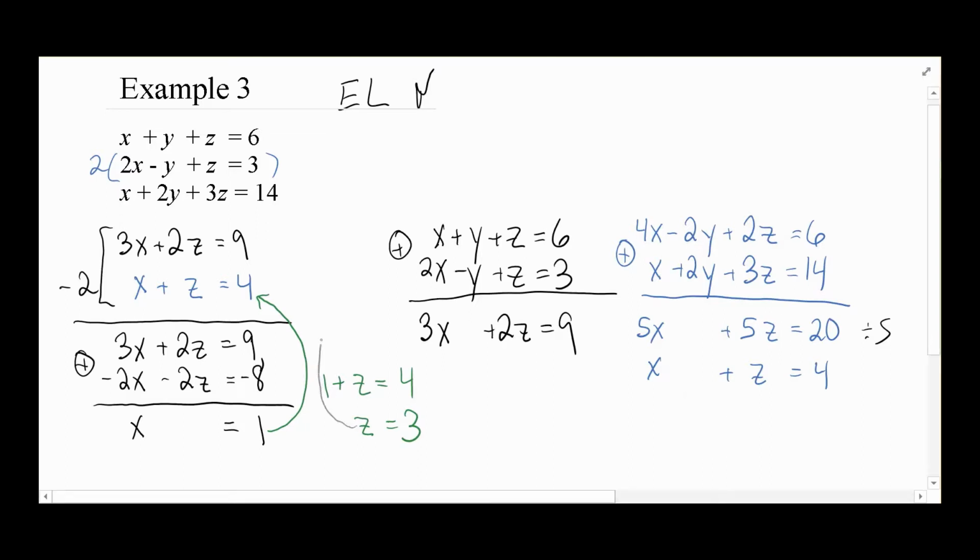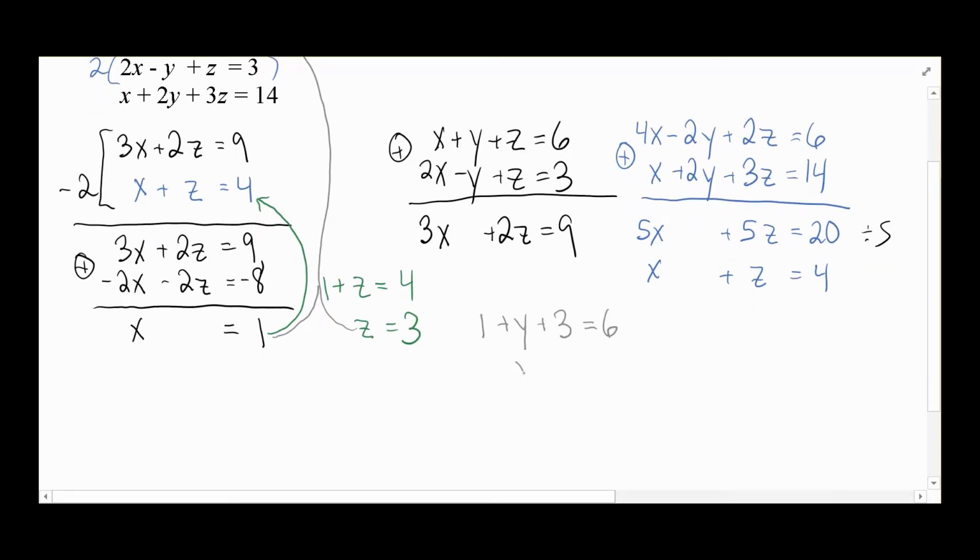So that means I'm going to plug z equals 3 and x equals 1 into that equation. So I'm going to replace the x with a 1, I'm going to replace the z with a 3, and I'm going to solve that equation. 1 plus 3 is 4. Subtract the 4 to the other side gets me 2.